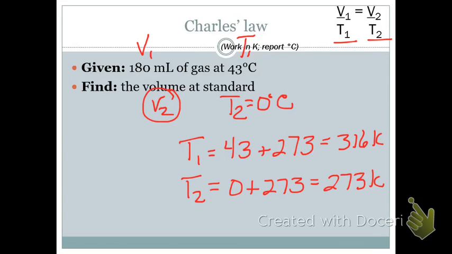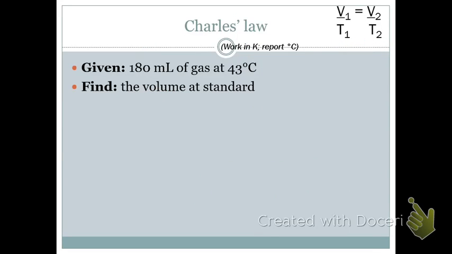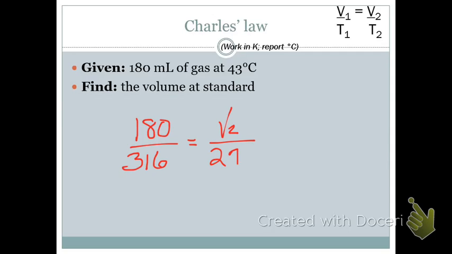And if I set it up correctly, I have 180 divided by 316 is equal to V2 divided by 273.